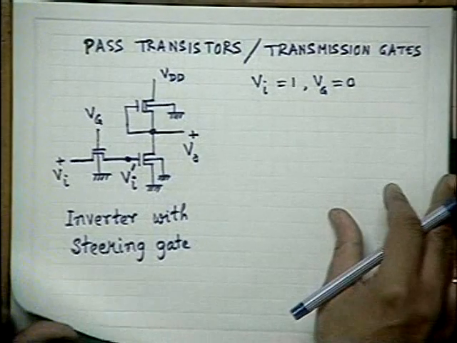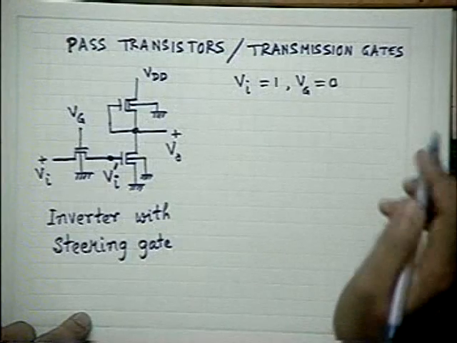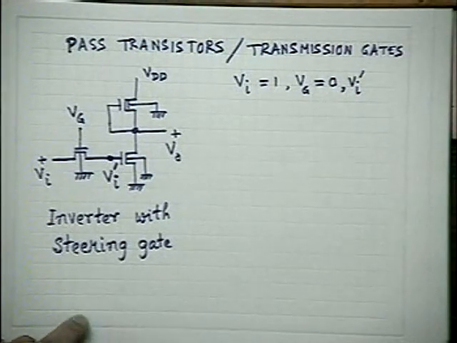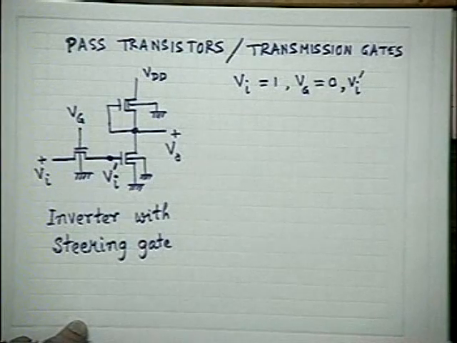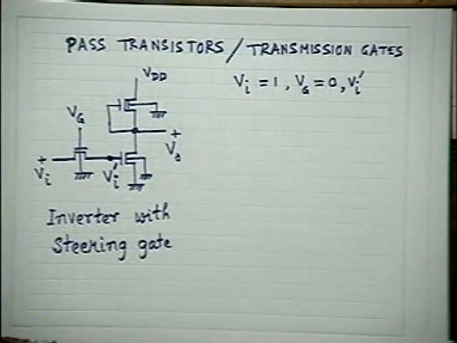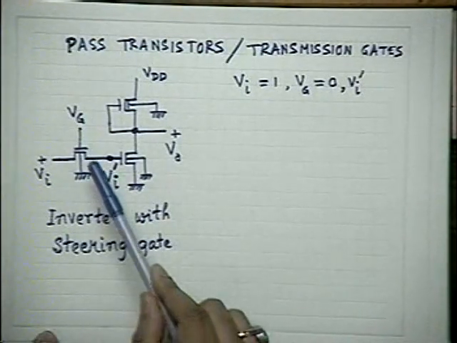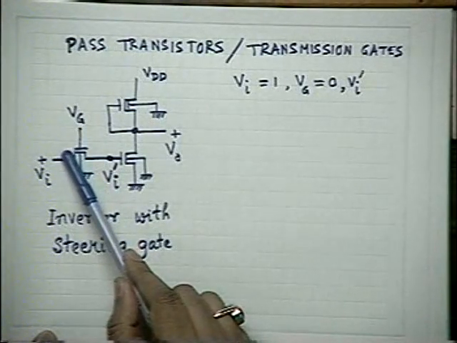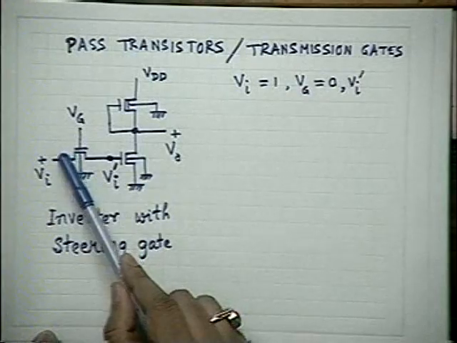Then what will be the value of Vi dashed? When Vg is 0, then this transistor is off.